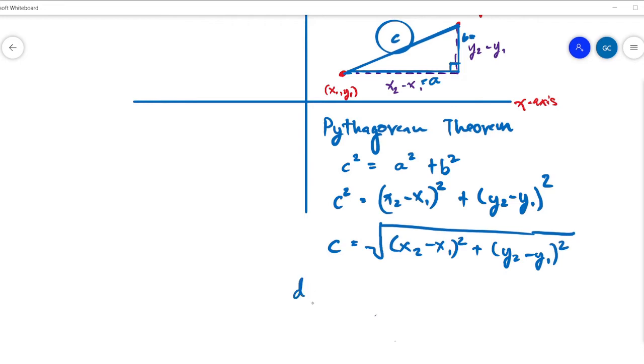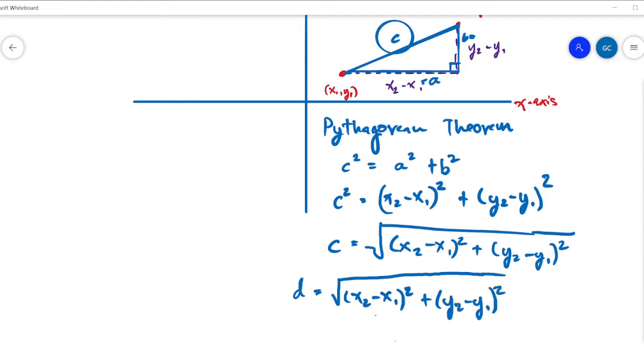The distance between x1, y1 and x2, y2. So just write that: x2 minus x1 squared plus y2 minus y1 squared.